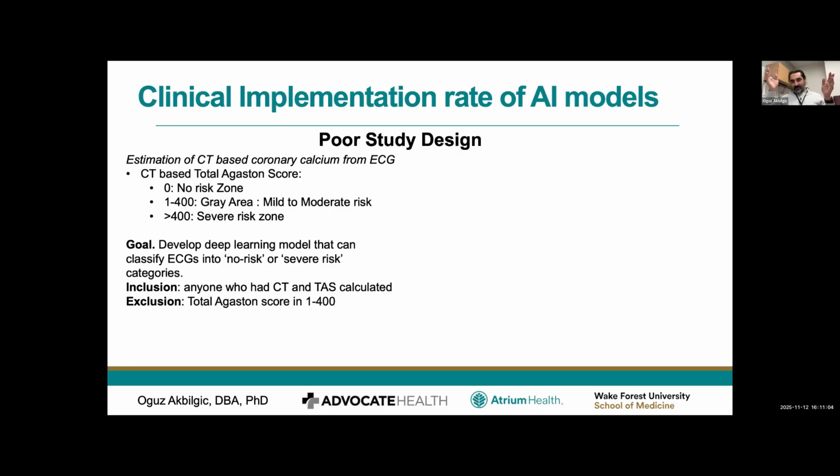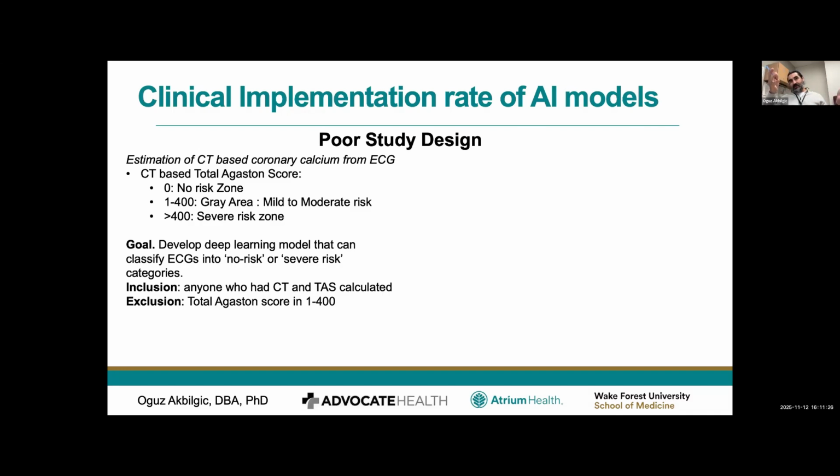This cannot be implemented in the real world because your inclusion criteria requires knowing the Agatston score. If we develop an AI model, we cannot assume that it will work on people whose data it has never seen.